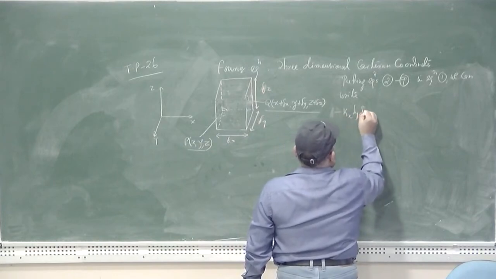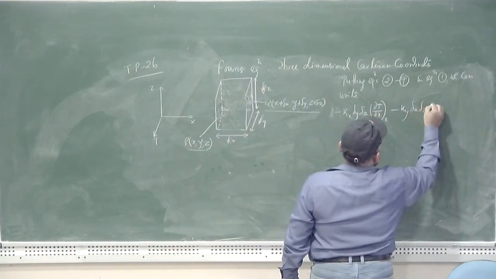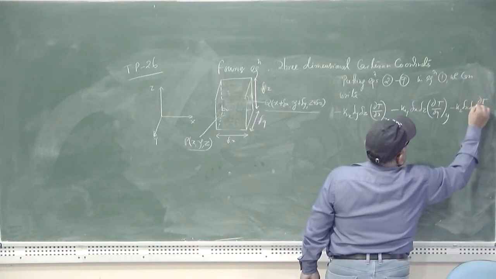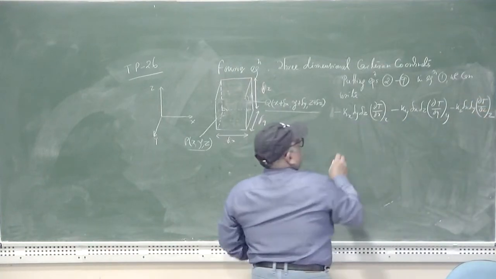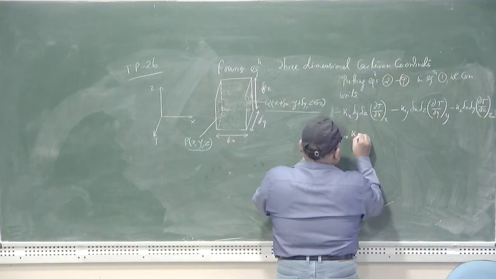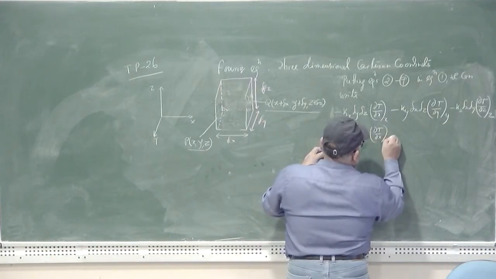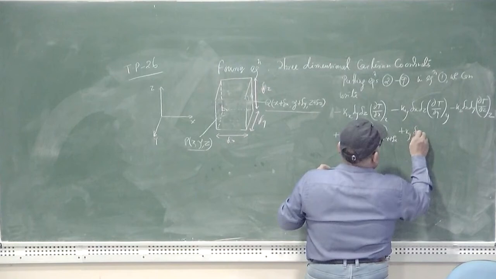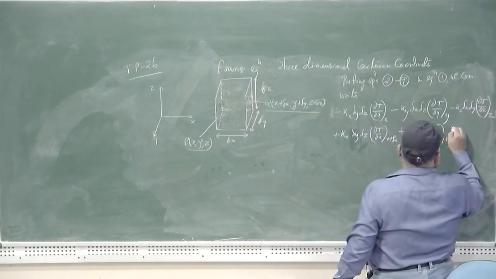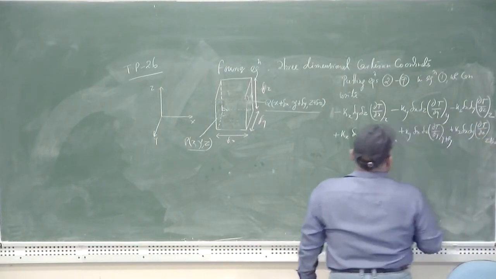Minus kx delta y delta z, this rate of heat flow in minus rate of heat flow out, so that will be minus plus kx delta y delta z del T by del x at the value x plus delta x, plus ky delta x delta z del T by del y at y plus delta y, plus kz delta x delta y and the temperature gradient along the z axis at the value z is equal to z plus delta z.